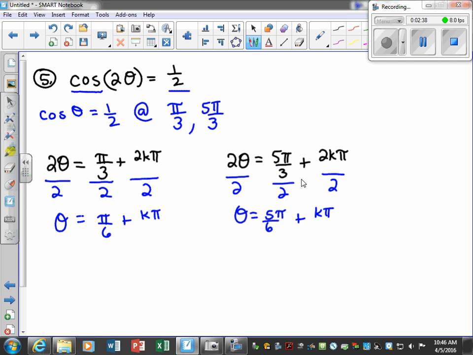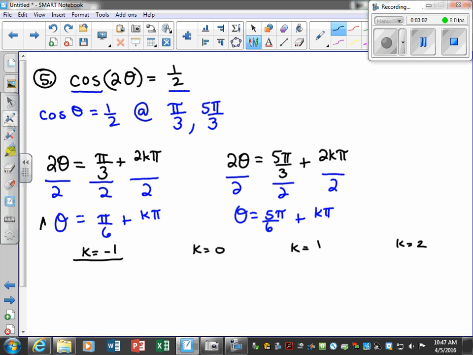Now, just like we did previously, we're going to pick some values for k to plug in, and find the solutions that are in our 0 to 2 pi and select those as our answers. Let's start with k equal to -1, and work on this first one.